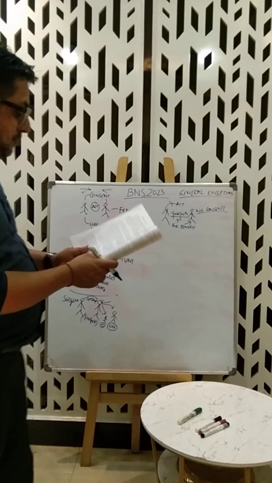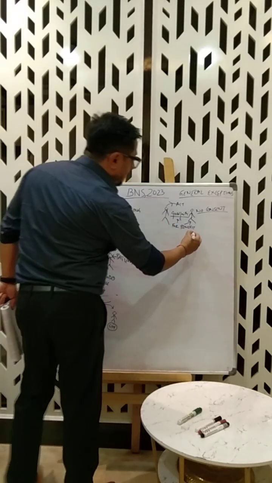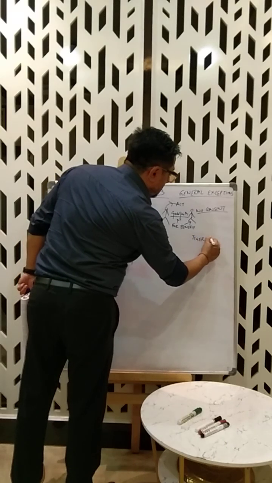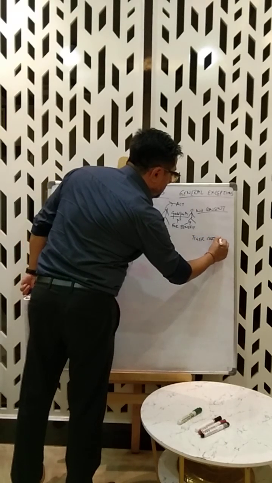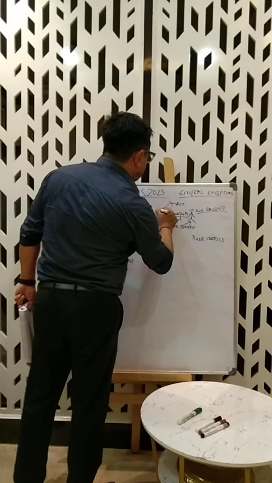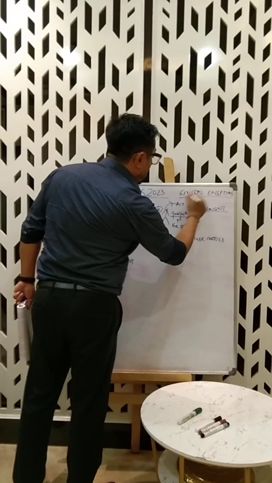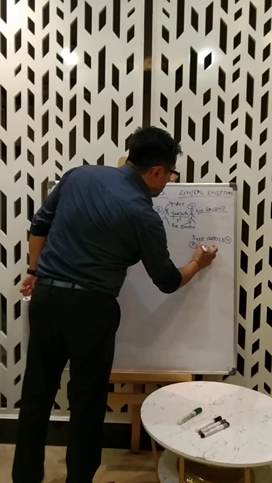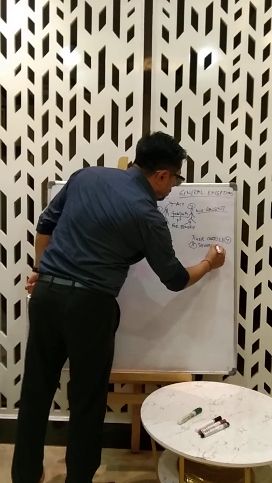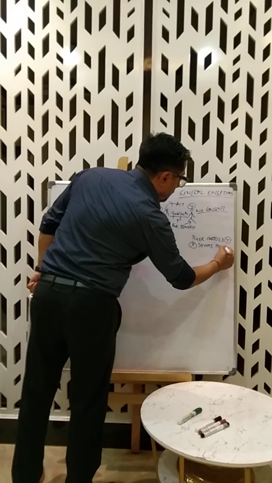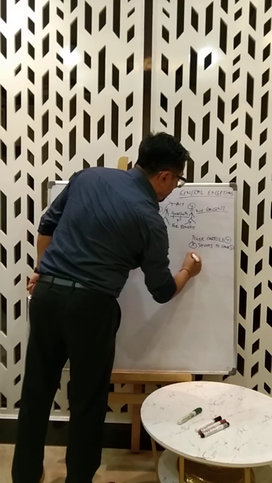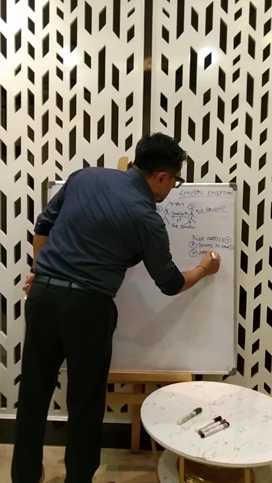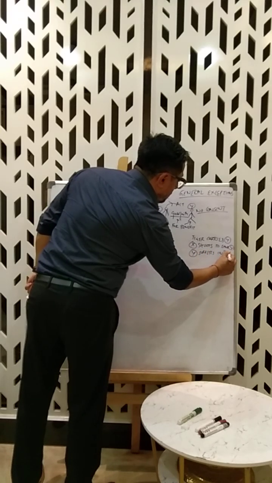I'll take an example. Suppose a tiger carries, let's put him X and let's take him Y, carries Y. X shoots to save Y. Y suffers injury.